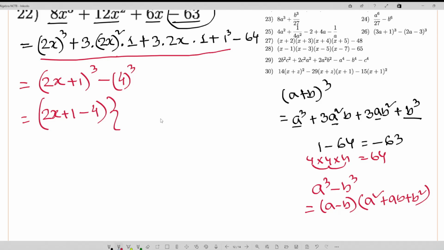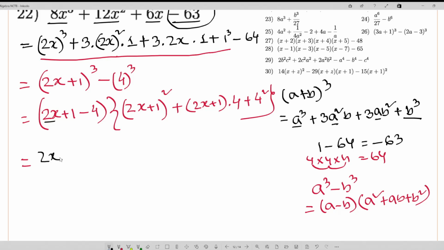Now a square, it means (2x plus 1) whole square, then plus, we can write plus a means (2x plus 1) times b means 4, plus b square, it means 4 square. Okay, very easy. So 2x we can write plus 1 minus 4, it should be minus 3.